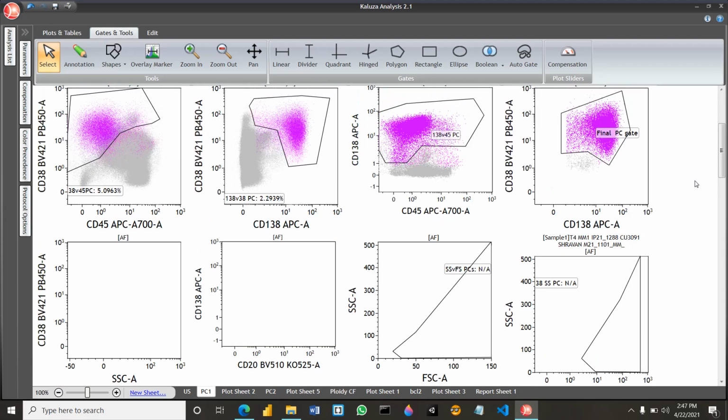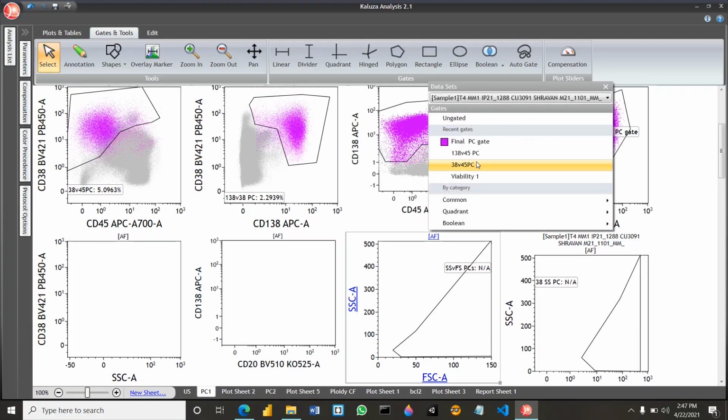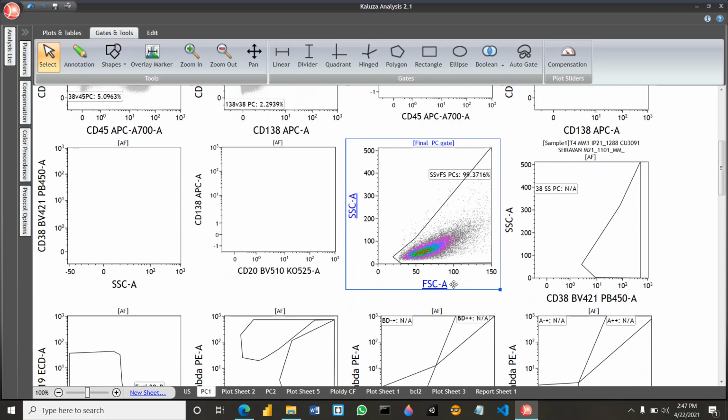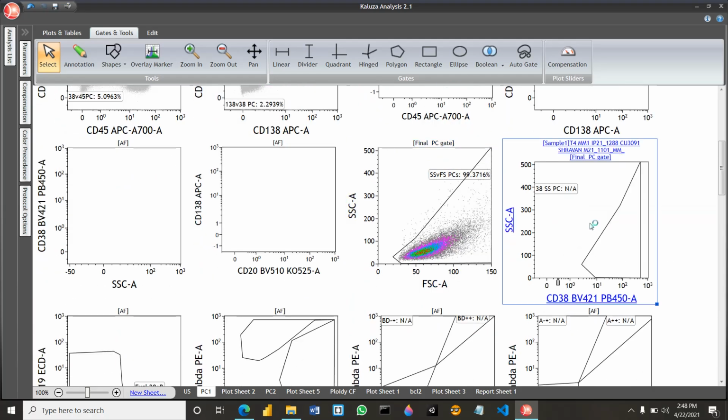One more step one can do is to exclude any debris of plasma cells. So these final plasma cells can be put here, and we look for degenerating cells, and you can see there are no degenerating cells because we applied the viability kit earlier. We can also look at 38 versus side scatter.